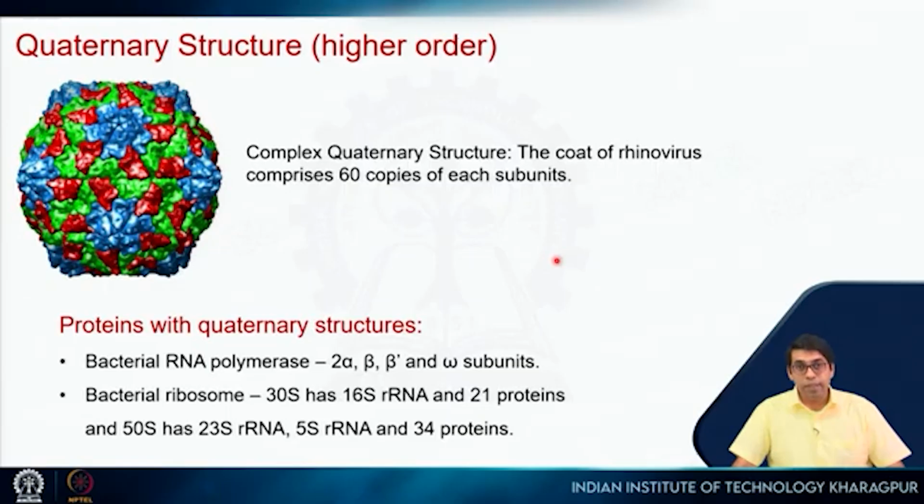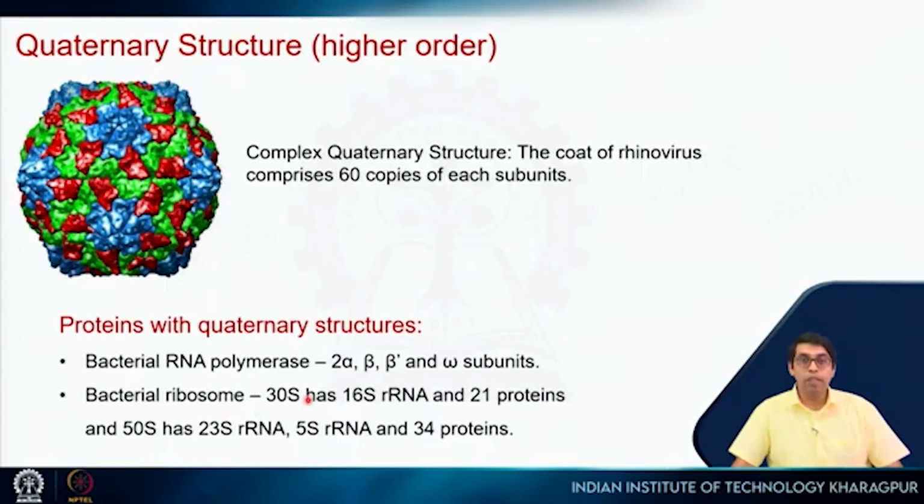We have already seen examples of proteins or large machineries with quaternary structures. For example, we have seen bacterial RNA polymerase, which has 2 alpha subunits, a beta, a beta dash and an omega subunit. These 5 subunits come together to form the bacterial RNA polymerase. We have also seen the bacterial ribosome, which has 2 big subunits, the 30S and the 50S.